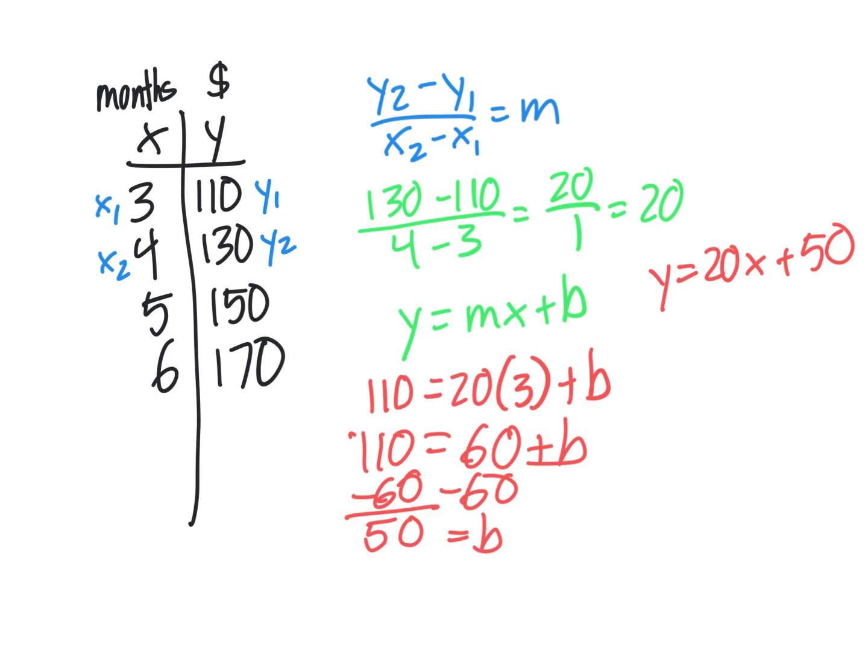So see, this is the initial value, and this is that rate of change that's monthly or yearly or whatever your problem specifies. So that is how you write equations off of a slope and a y-intercept, a slope and a point, or a table of values.